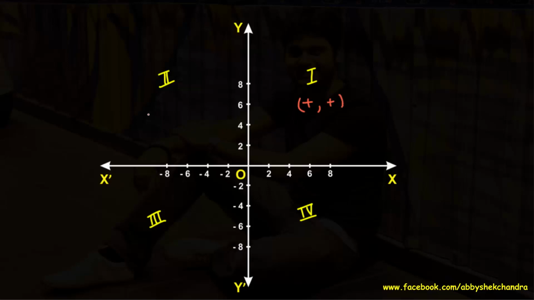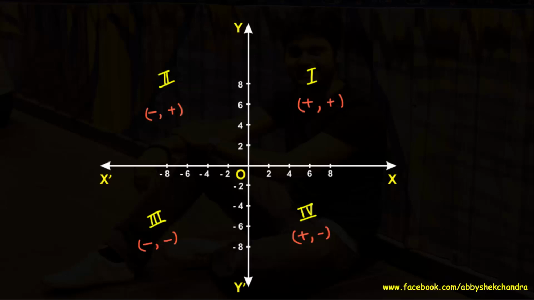Any point in the second quadrant will have negative x coordinate and positive y coordinate. Any point in the third quadrant will have both the coordinates negative. And any point in the fourth quadrant will have positive x coordinate and negative y coordinate.